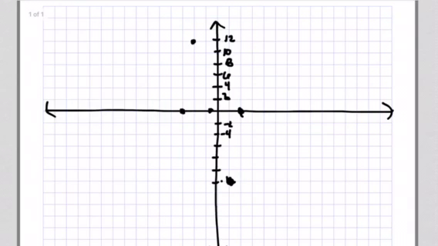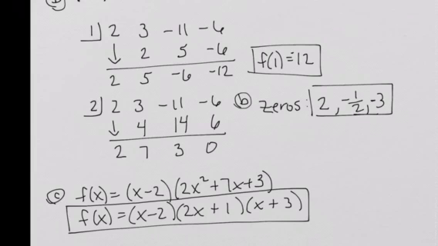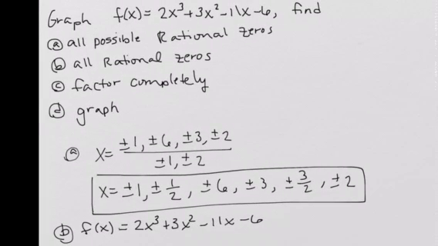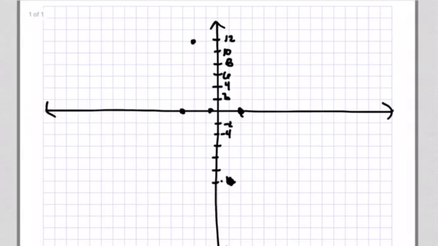Now, remember, if we go back to our function, our highest power was cubed, and we discussed in a previous video that if our highest power is cubed, then our graph is going to look like x cubed on the ends. So the ends will go down on the left and up on the right. So we know that this graph will go down on the left, cross through this point in here, and then it'll go up on the right.